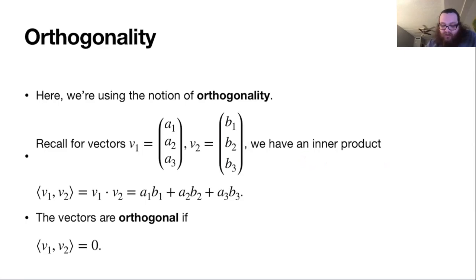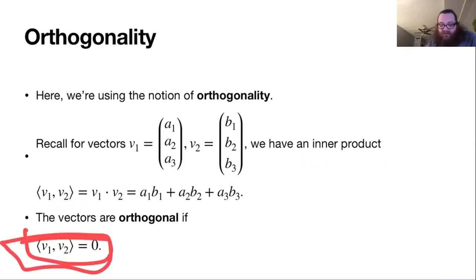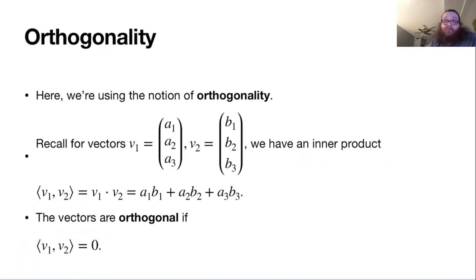Sometimes it's written with these angled brackets, sometimes with a dot. But the mathematical operation is, whenever you see either of these, you interpret that as multiplying the vectors together component by component and then summing that up. And so we say that vectors are orthogonal if this inner product, this dot product, is equal to 0.